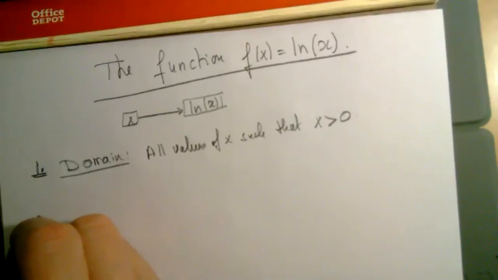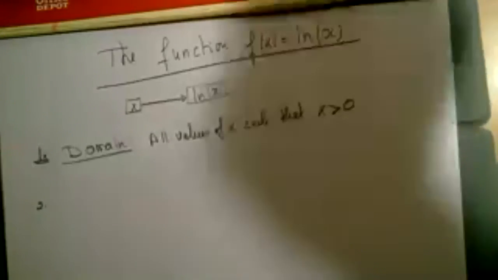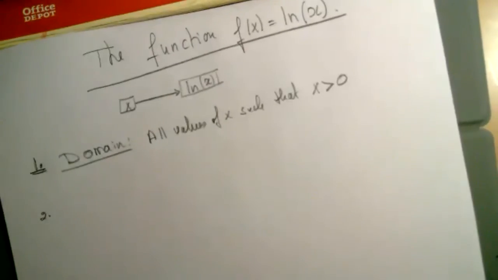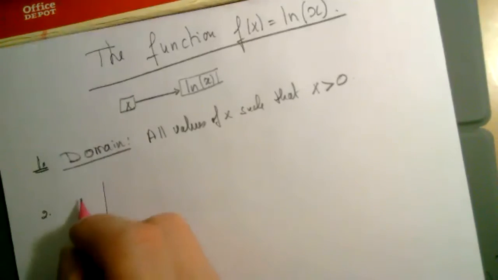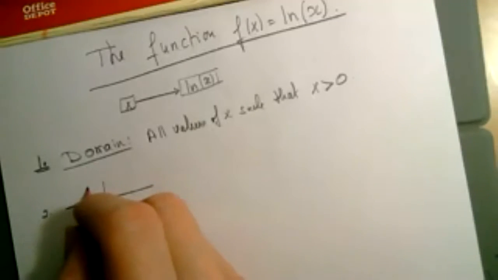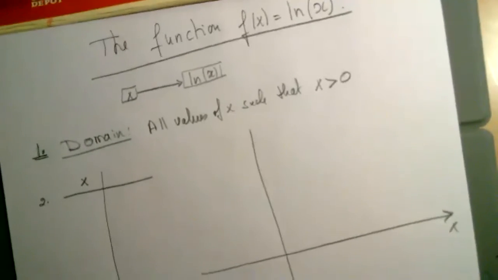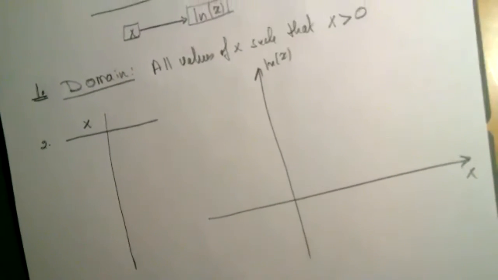Now 2. I would like to sketch the graph of ln, because you should know the graph. How does this function look? Now, how do we sketch the graph of a function? I will take a bunch of input values, values of x, and I will take values of the ln, and I will plot points.